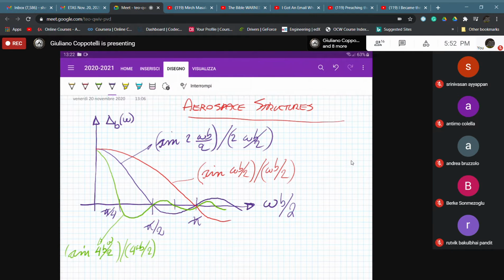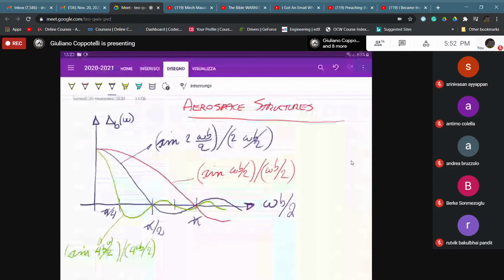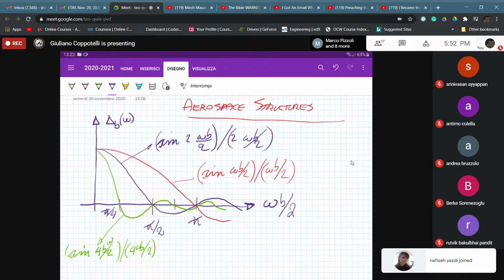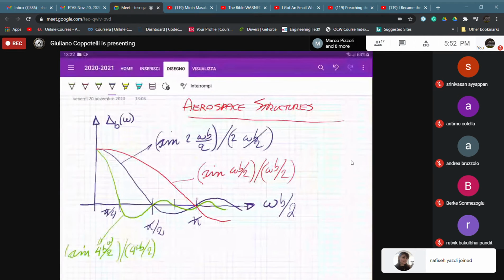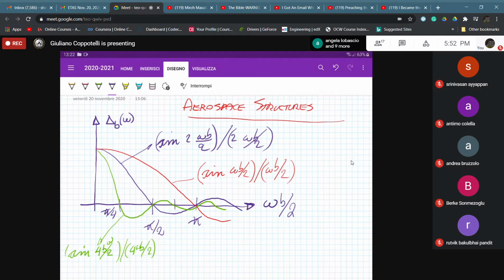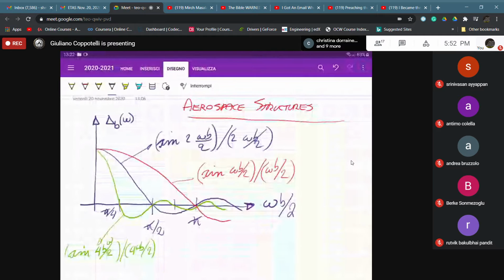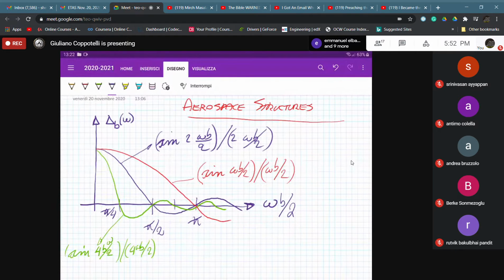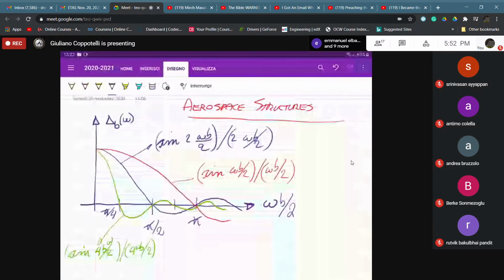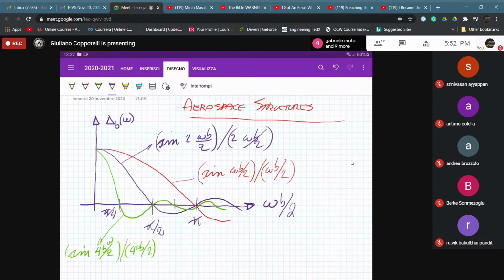We found out that instead of exciting the structure with a theoretical Dirac, that is a theoretical impulse, we excite the structure with a practical Dirac having a duration that we call B. And the Fourier transform of this Dirac with a duration B on the structure is leading us to the plot that I just drew here, in which, as a function of the term omega b half, we have the plot of the different cardinal sines.